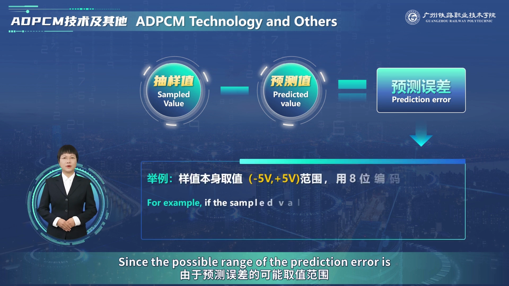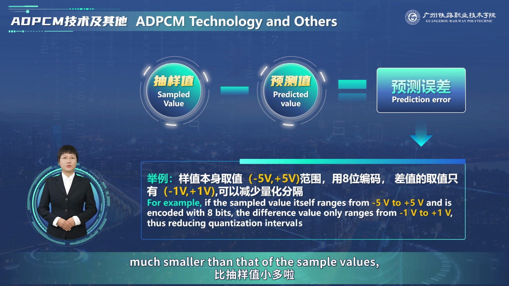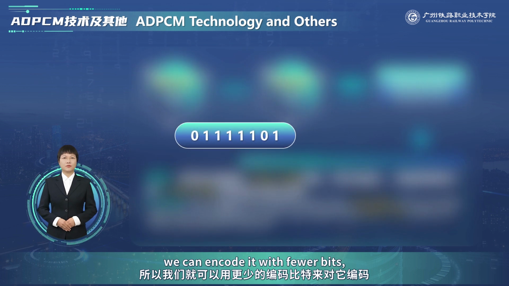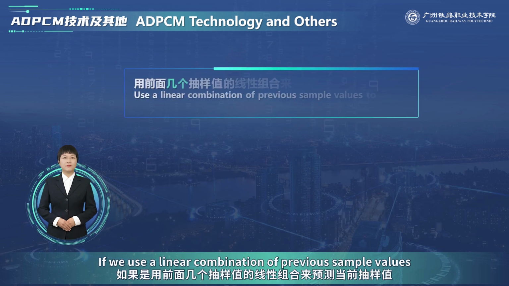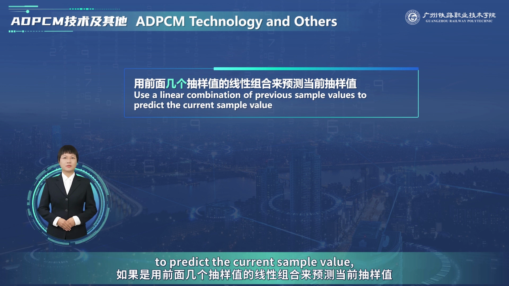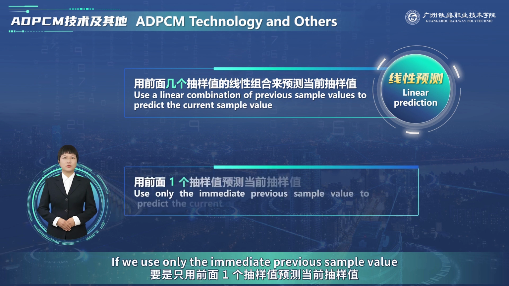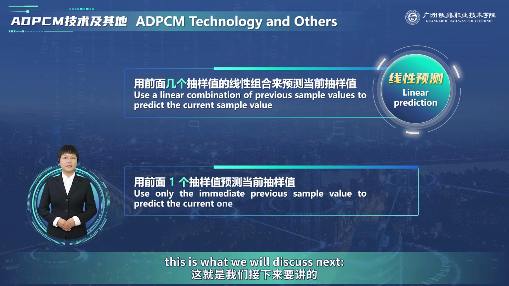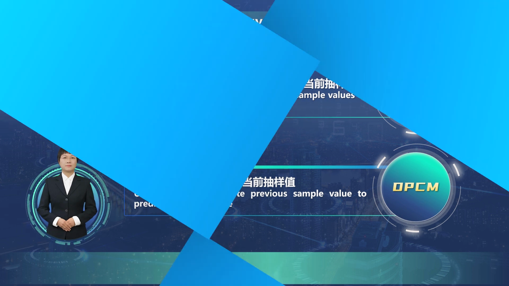Since the possible range of the prediction error is much smaller than that of the sample values, we can encode it with fewer bits, thus reducing the bit rate. If we use a linear combination of previous sample values to predict the current sample value, this is linear prediction. If we use only the immediate previous sample value to predict the current one, this is what we will discuss next: differential pulse code modulation, DPCM.